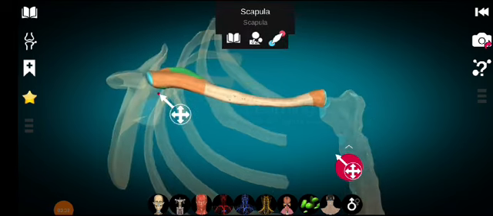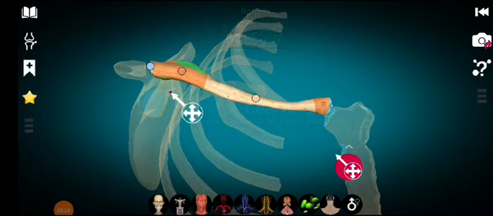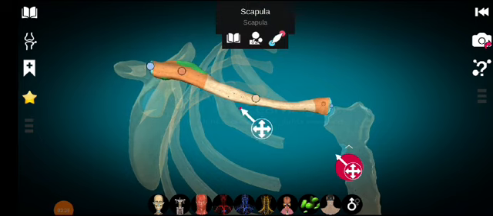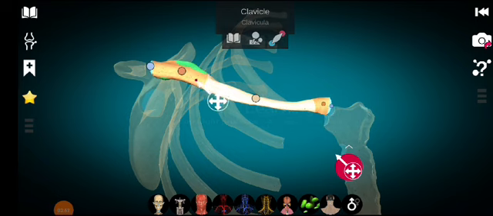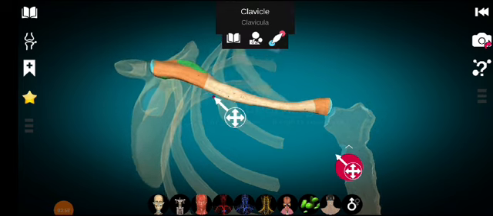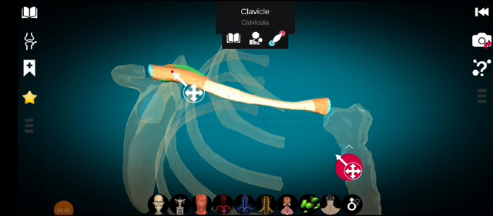Now you can see over here the clavicle is divided into three regions. One is the medial end, the other is the lateral end, and this is the shaft of the clavicle. The medial end and the lateral end I have discussed, while now I am going to discuss the anatomy of the shaft of the clavicle.